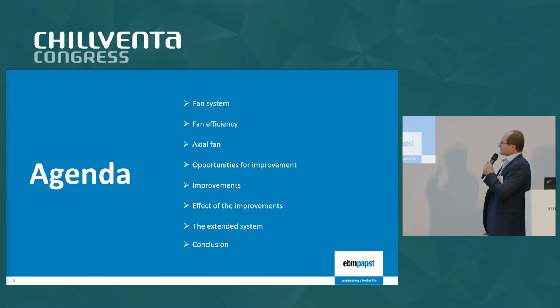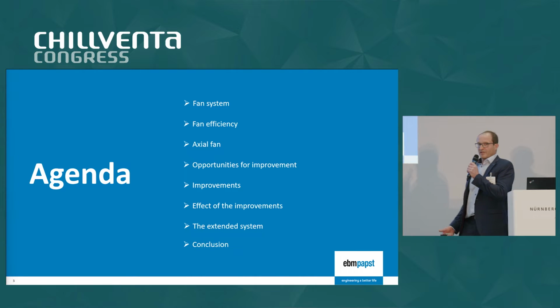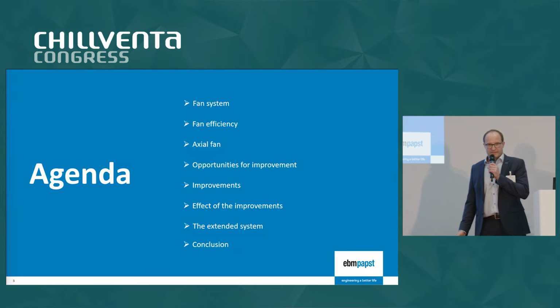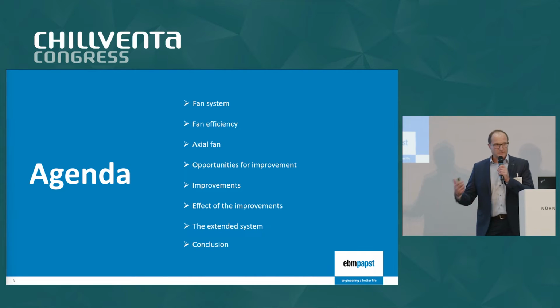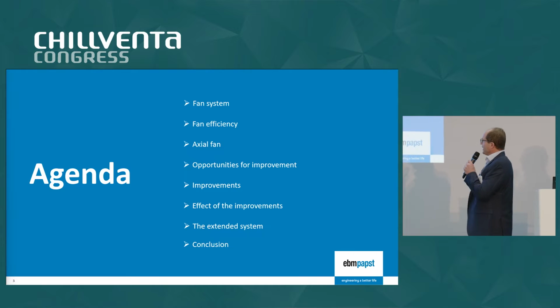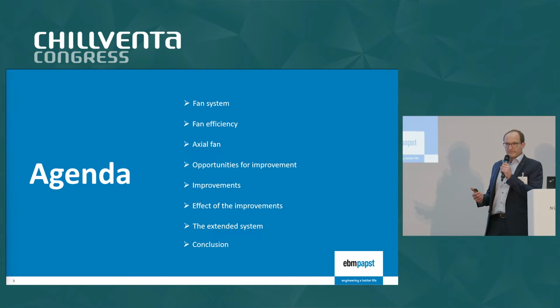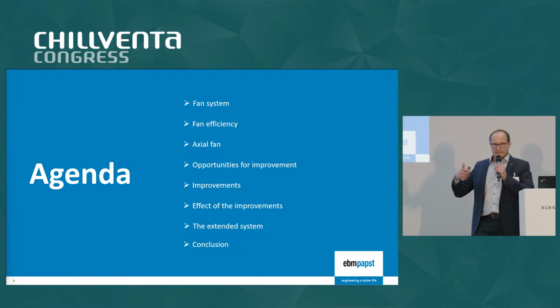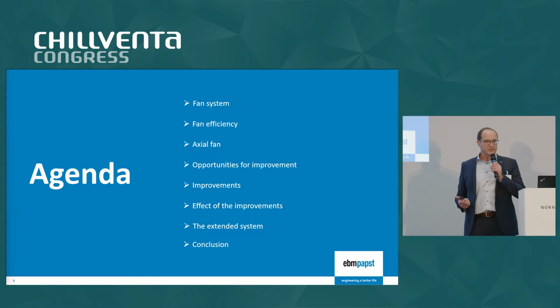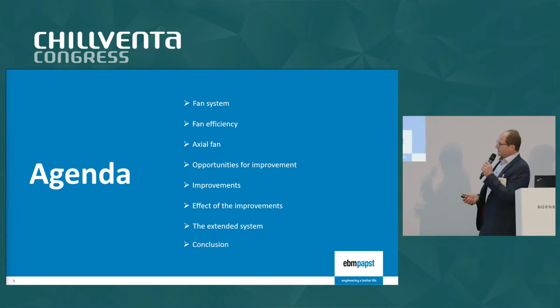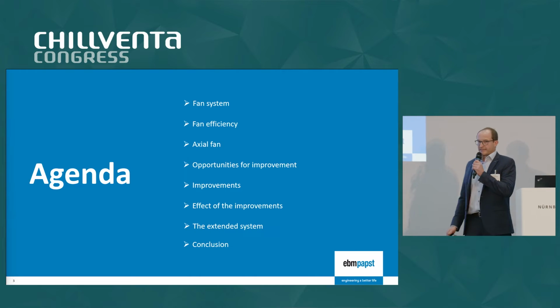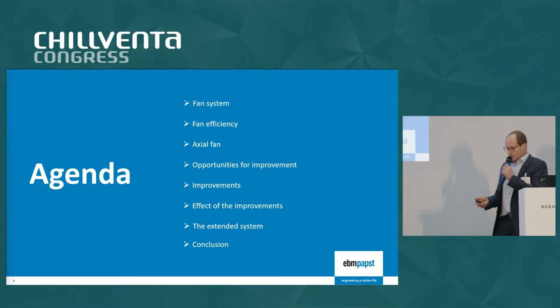Then, of course, what are the effects of these improvements with respect to efficiency, with respect to noise and things like that. And we will have a look at the so-called extended system, because not only the fan itself is important when it comes to efficiency, also the system around, so the application, condenser, unit cooler, whatever. And last but not least, I'll come with some conclusions.